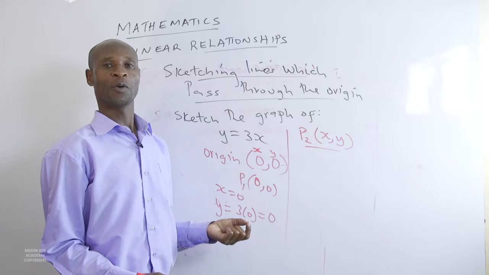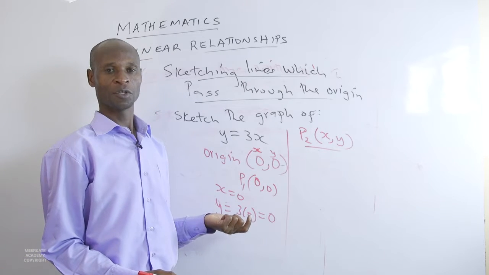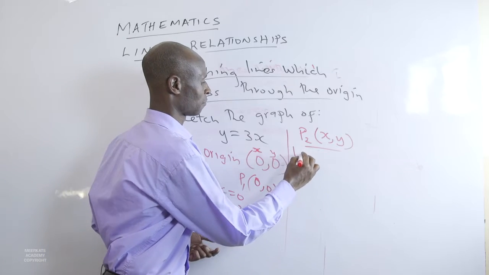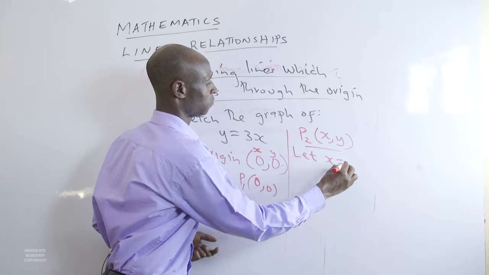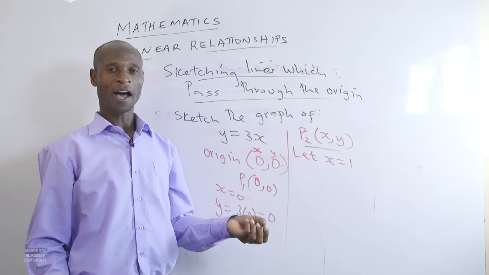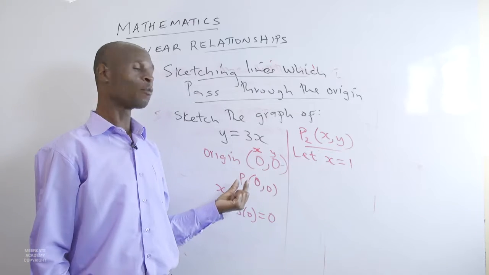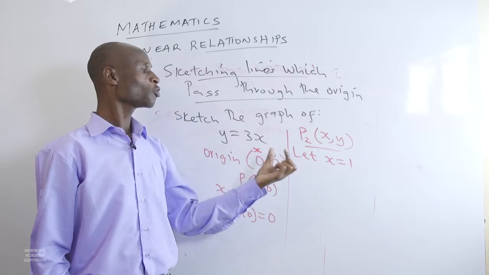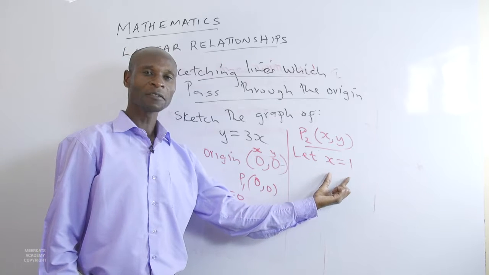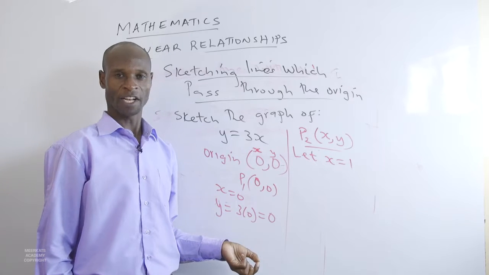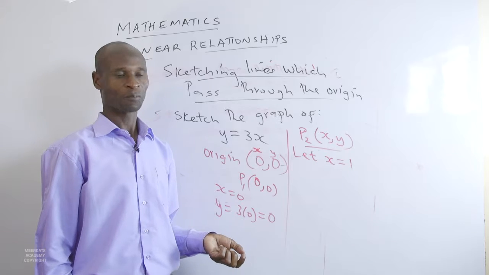In this case, we can let the x value be 1. You choose any other value of x apart from 0. So you can choose the x value to be 1 or any other x value other than 0.